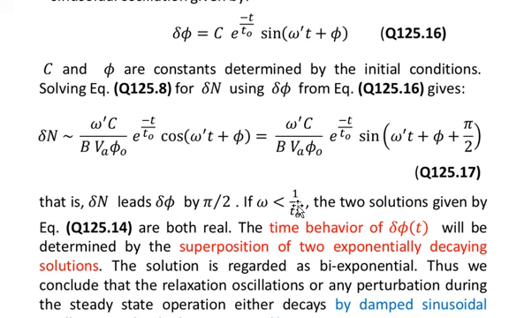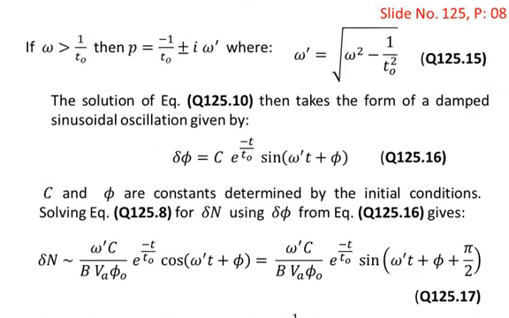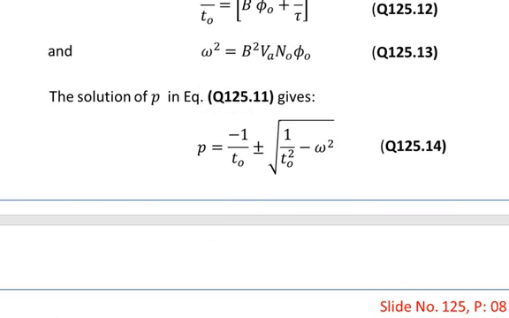If omega is less than 1 over T naught, the two solutions given by equation number 14 are both real. So where is equation number 14? Over here. You see that if 1 over T naught square is greater than omega square, we have real solutions.